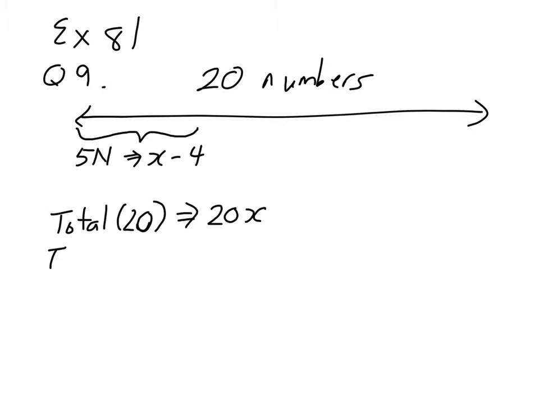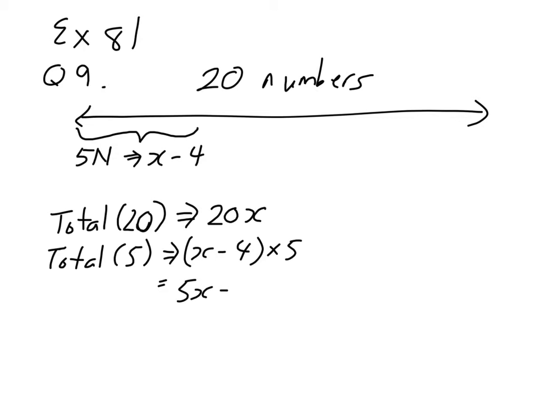So the total of the lowest 5 numbers will be x minus 4 times 5. That will give us 5x minus 20. This part understand?